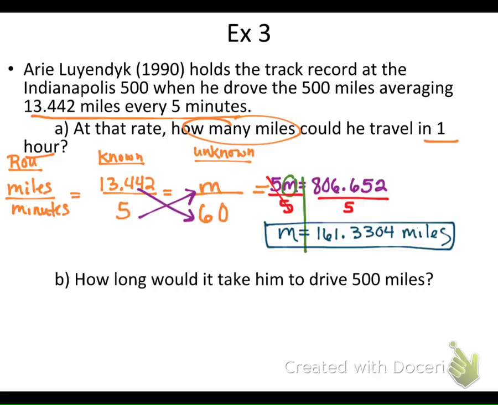The second part of the question is asking how long would it take him to drive 500 miles? We're using the same ratio of units and the same known numbers. The only thing that's going to change is our unknown. So again, our ratio of units, we're still talking about miles and minutes.